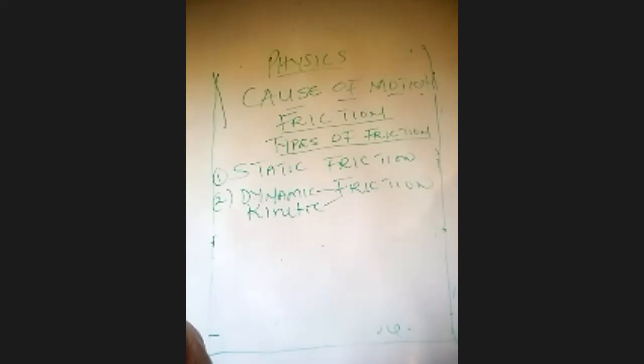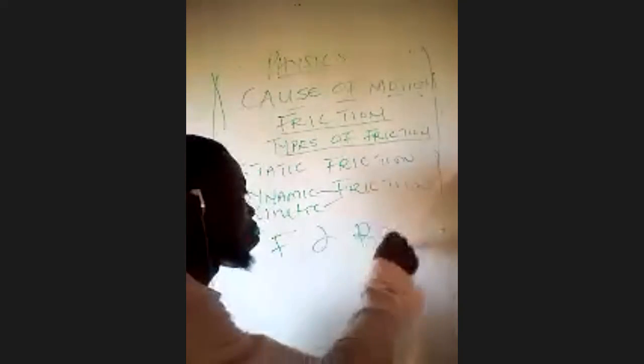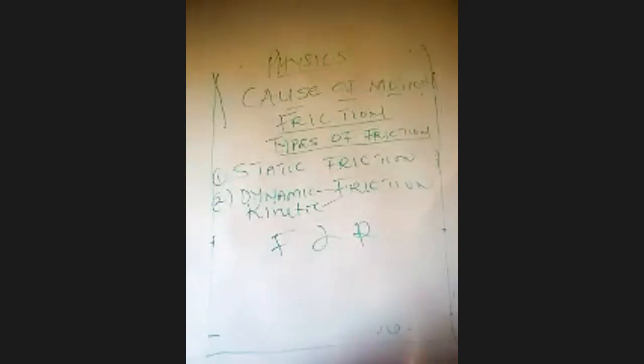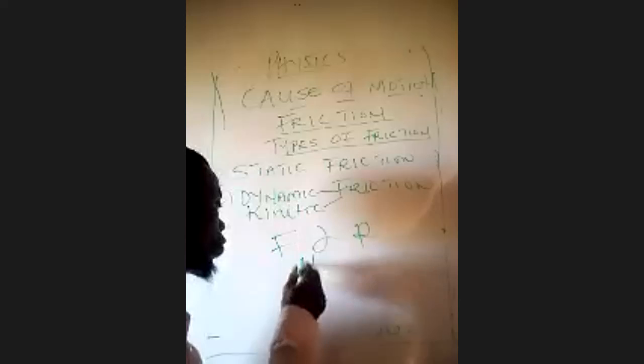Between the two surfaces in contact, F is proportional to R. We look into that, and we look into the coefficient of friction.